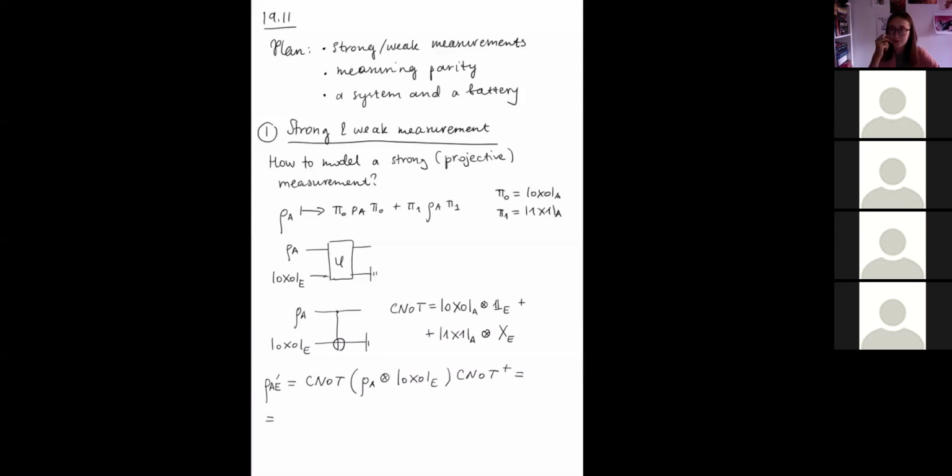C0 Hermitian conjugate is the same as C0. So what we end up with is (|0><0| tensor 1 plus |1><1| tensor X), rho A tensor |0><0|, and again (|0><0| tensor 1 plus |1><1| tensor X).